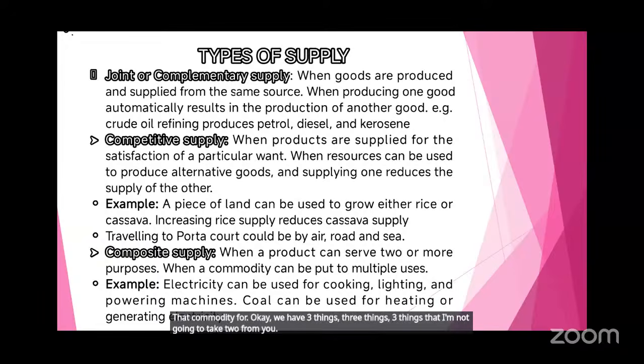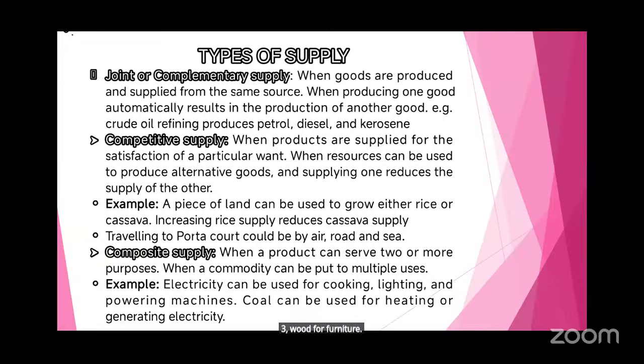Three. Wood for furniture, flooring, timber, plank, sawdust, yes. Sugar, tea, gari, and cornflakes. Internet browsing, online classes, gaming. A smartphone, entertainment, for browsing, for games. That's true.